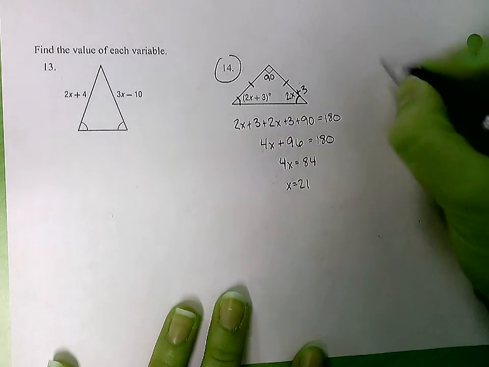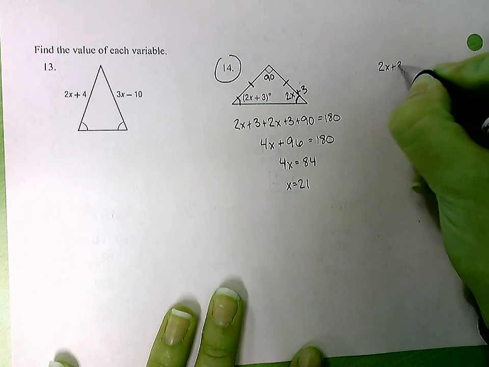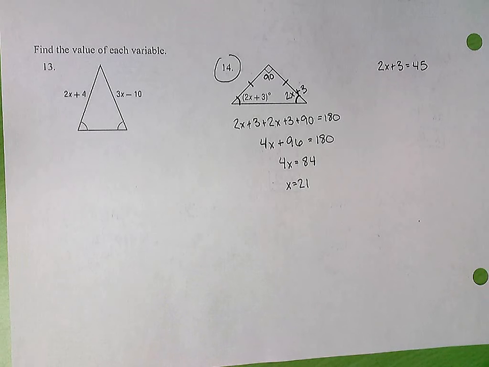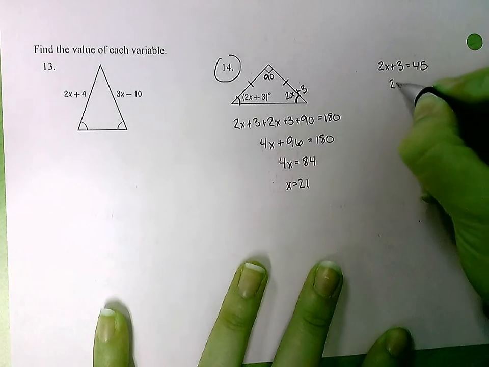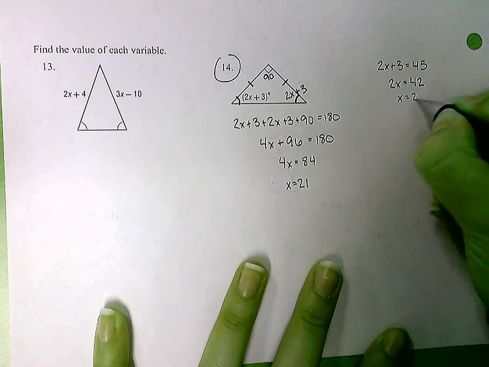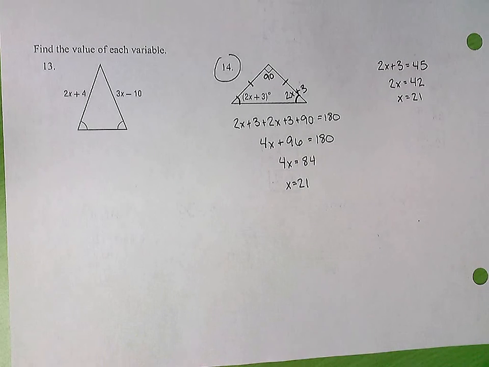So you could take that angle, 2x plus 3, and set it equal to 45 as well. Okay? So then you have 2x equals 42. And again, you would get x equals 21. Okay, so either one of those ways would work for this problem.